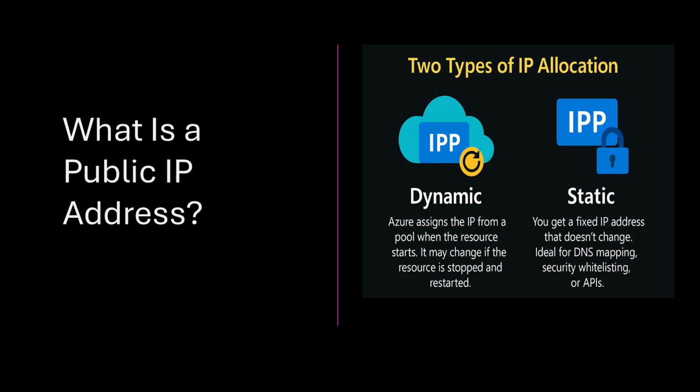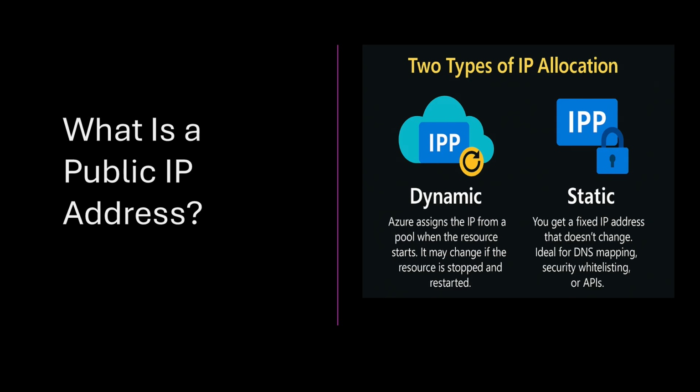In Azure, a public IP address is used to allow inbound or outbound communication between your Azure resources and the internet or external services. You can assign a public IP to resources like virtual machines, Azure load balancers, application gateways, VPN gateways, and Azure firewalls.